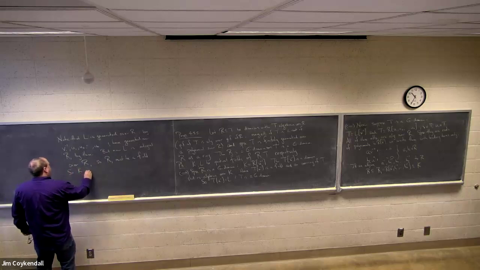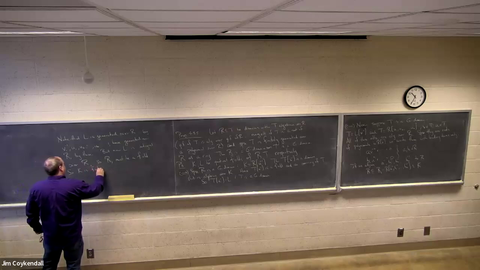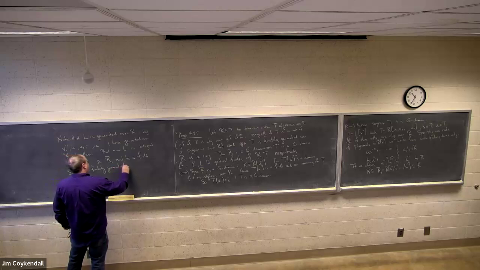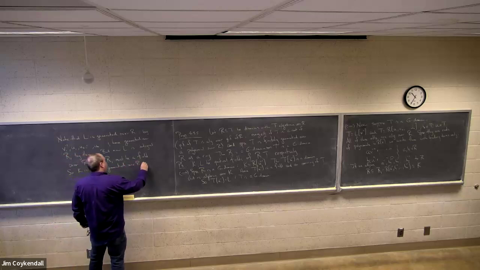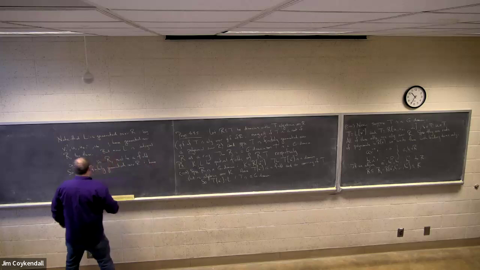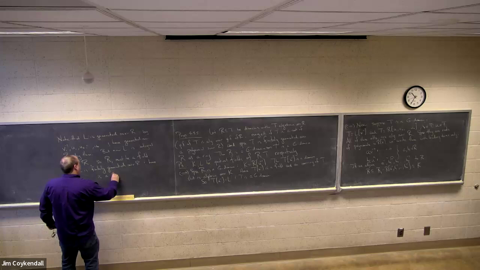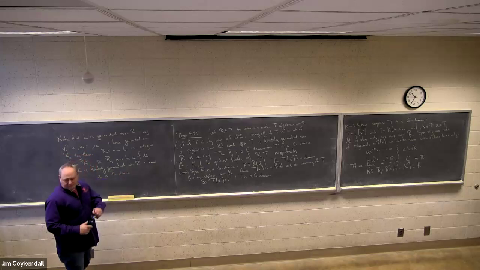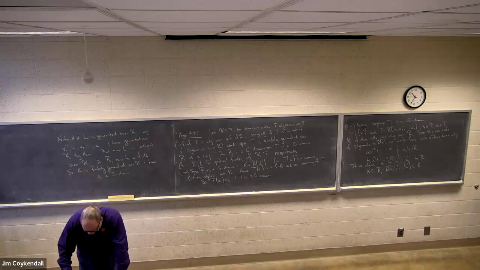So K is finitely generated over R, and hence is H. Okay. Any questions on that?